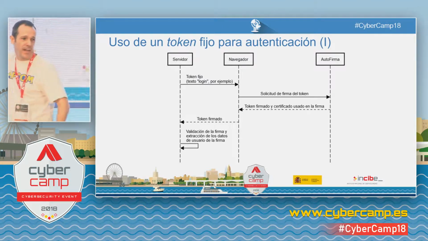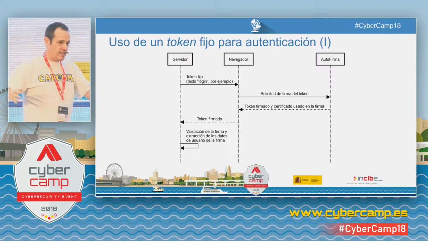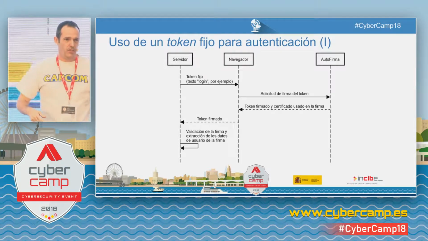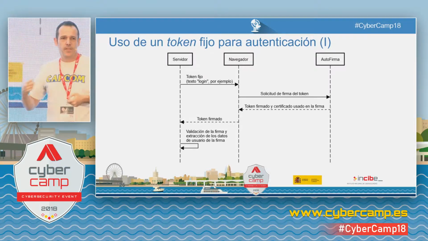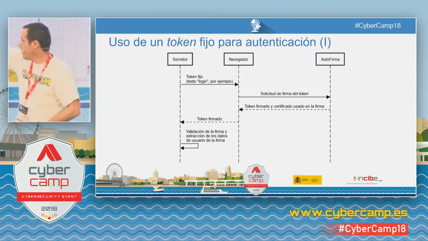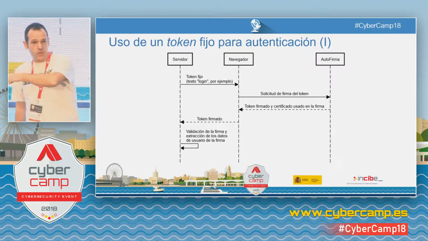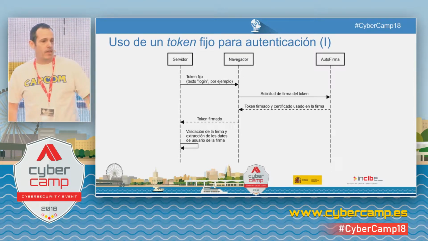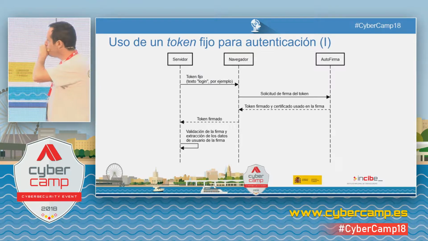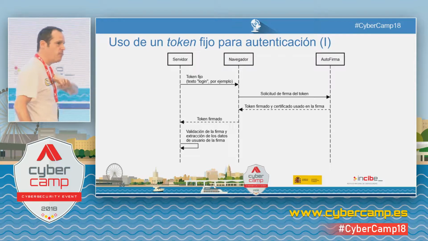Look, if they are giving me the login as a fixed token, I don't think they will be putting very much brain into validating the time of signature. So therefore, I can use the token as many times as I would like. And if through phishing I get the person to sign the login word, I will have access with his identity to any entities to carry out any proceedings or processing that I would like to.